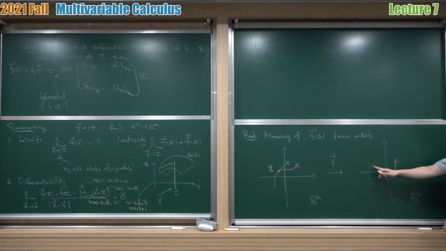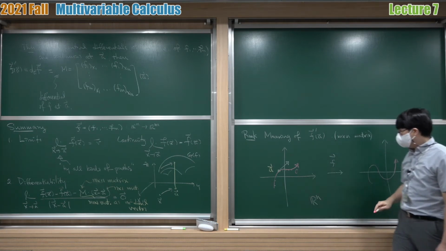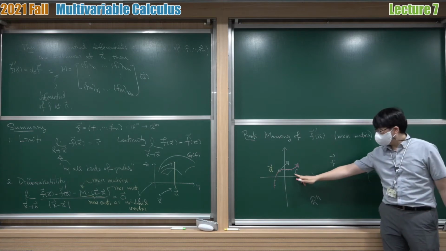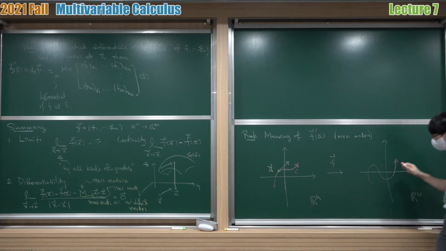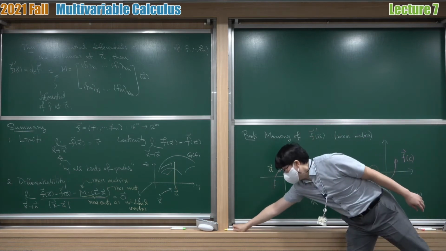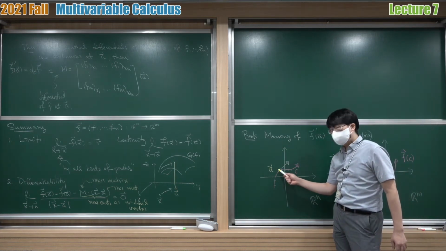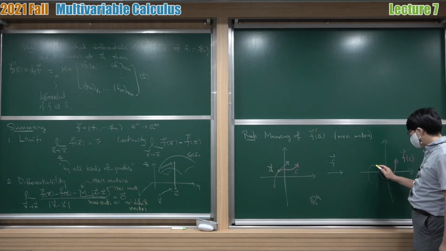Since I'm not drawing a graph of the function, just the trajectory, let's call this trajectory C, a collection of points, and this is the result of evaluating the trajectory by function f. And there is a point which corresponds to this point A. Suppose that it's here.